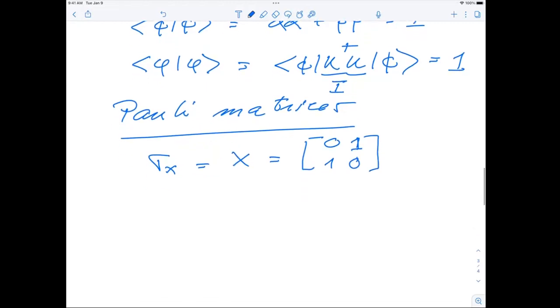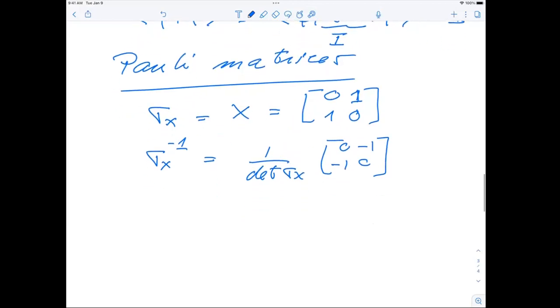It has zeros along the diagonal. What we see is that the inverse of the Pauli matrix, sigma x to the minus 1, is equal to 1 divided by the determinant of sigma x, multiplied with the matrix 0, minus 1, minus 1, 0. I just use the simple rule for finding the inverse of a 2x2 matrix. And we know that the determinant is just minus 1.